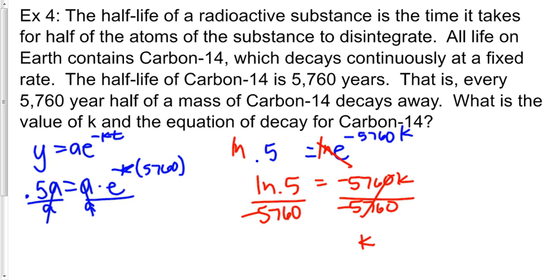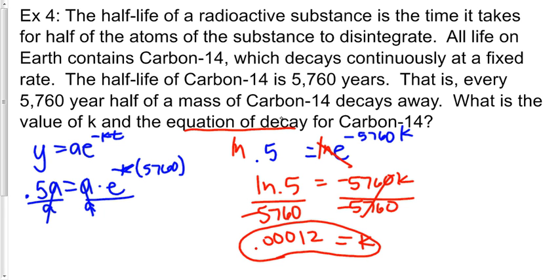And we get our constant. K equals, pretty small number, 0.00012. Okay, so what is the value of K? Here's part of your answer, 0.00012. And the other question is, what's the equation of decay? So now I need to write the general equation for carbon-14, the half-life of carbon-14.